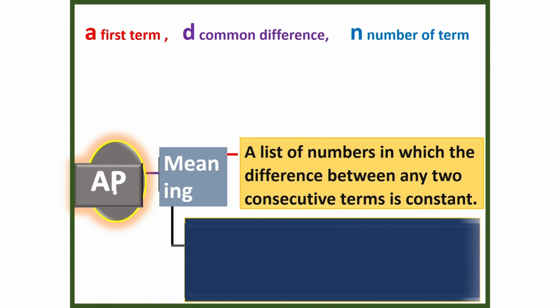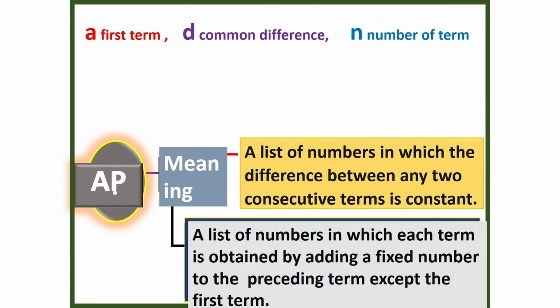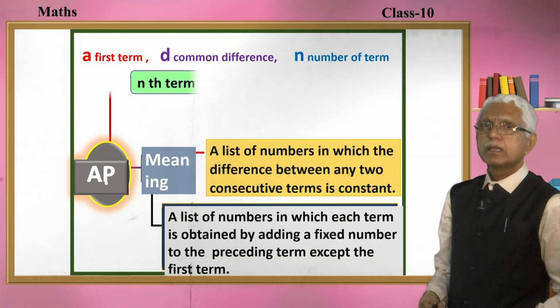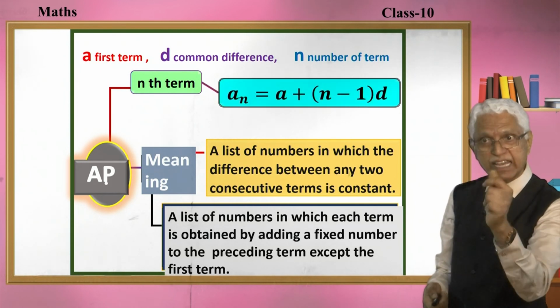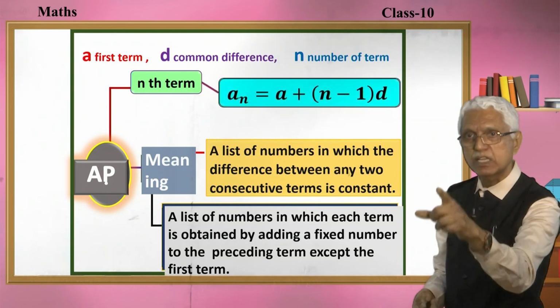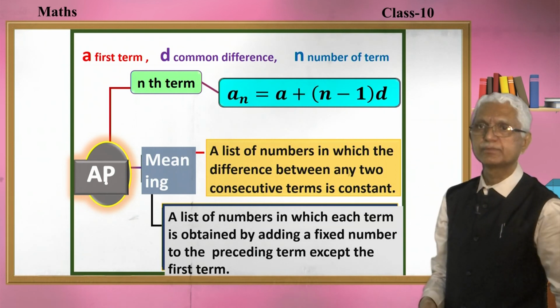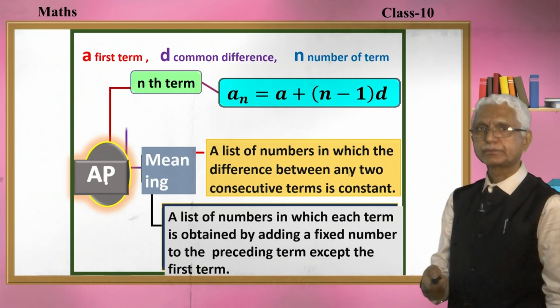Another way of defining an arithmetic progression, my dear children, is a list of numbers in which each term is obtained by adding a fixed number to the preceding term, except for the first term. Okay, that is good. Then nth term of an AP is given by the formula an is equal to a plus (n minus 1) into d, correct, that is good.